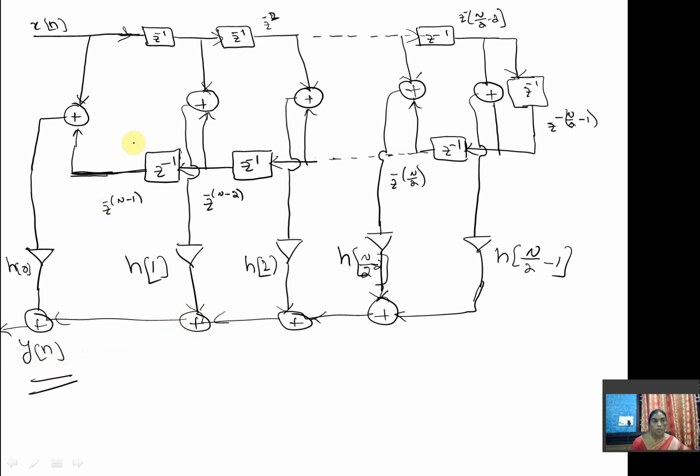So h of 0 into 1 plus z power minus of n minus 1 x of z, next one plus h of 1 into z power minus 1 plus z power minus of n minus 2 and so on. So like this we can realize any FIR system, but that FIR system should satisfy the linear phase condition. So in this way you can reduce the number of components, number of units here. Okay, right?